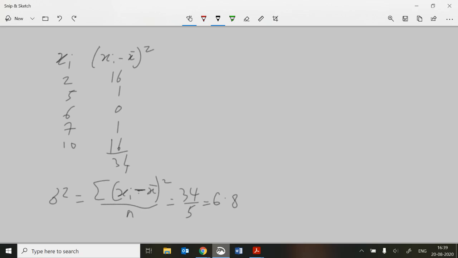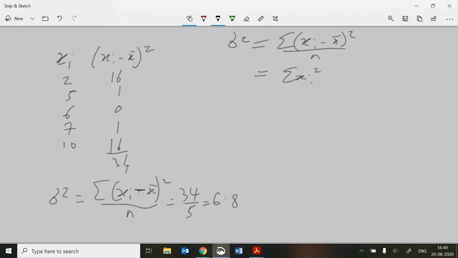Now, what I'm going to do is take the variance here. Okay, I'm going to try and prove it for you. So here's the variance. We've got the sum of xi minus x bar all over n. If I multiply this top line out, I'm getting the sum of xi squared.